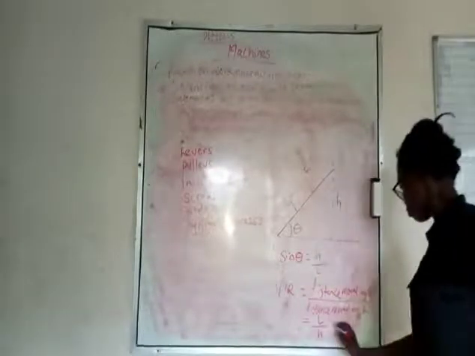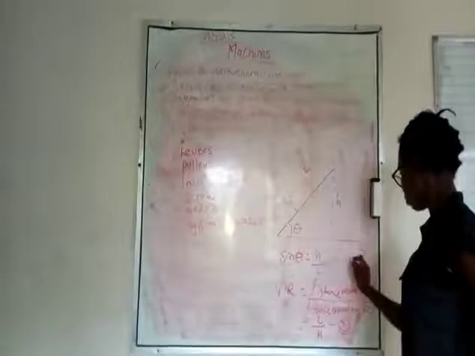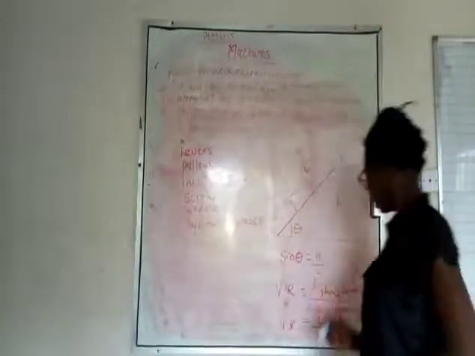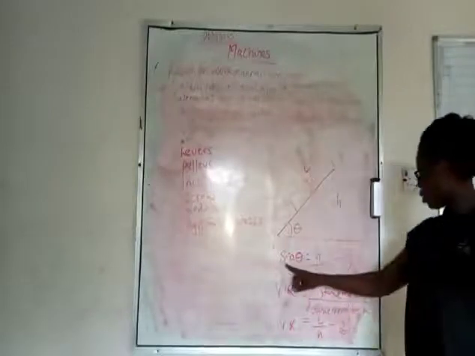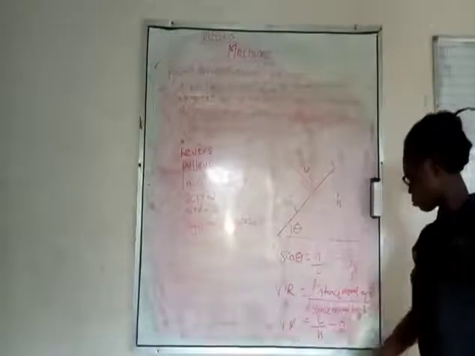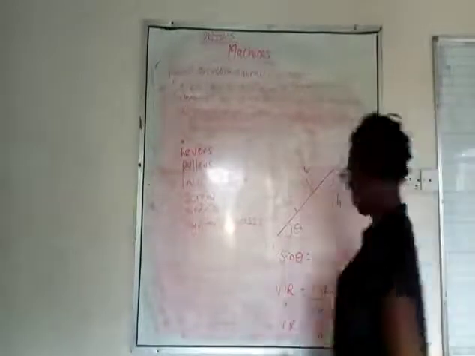Now if you relate equation 2, let's name them equation 1, VR. You see your equation 1, sine theta equal to what? H over L, and VR equal to what? L over H, which therefore means that the both of them are reciprocal.